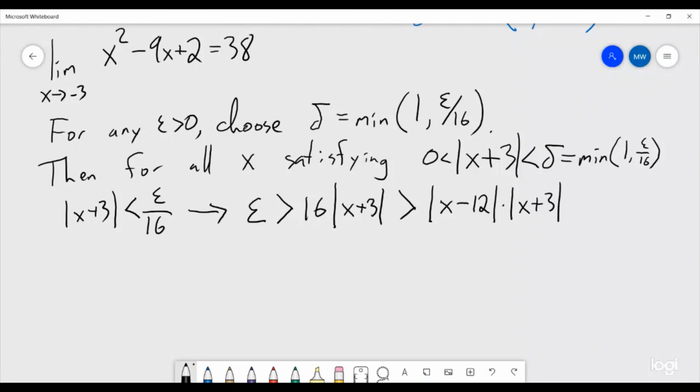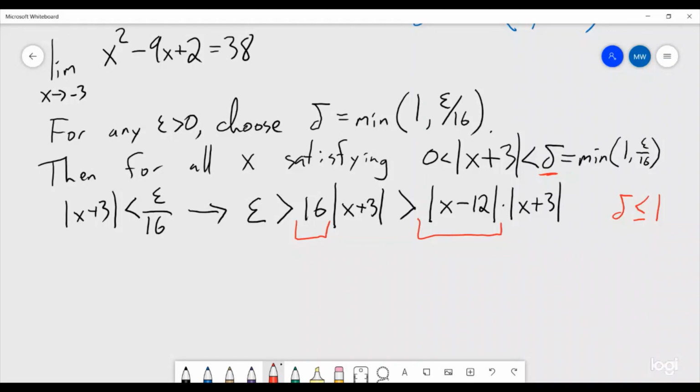The reason that we can conclude this part with the 16 is because delta is less than or equal to 1. And that's where we're able to use that jump, as well as the fact that we are close to -3.